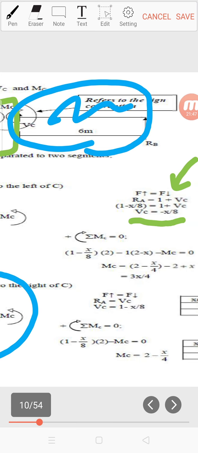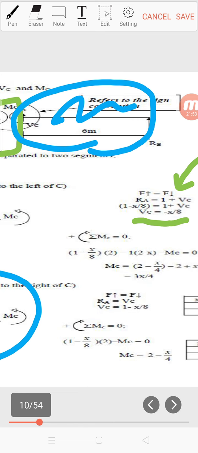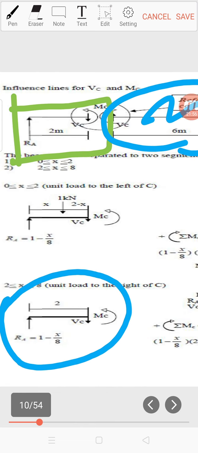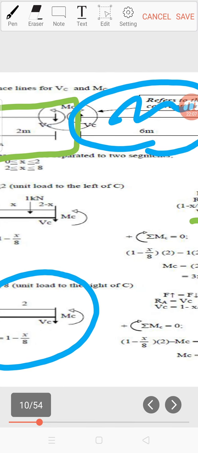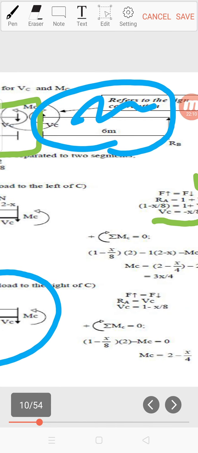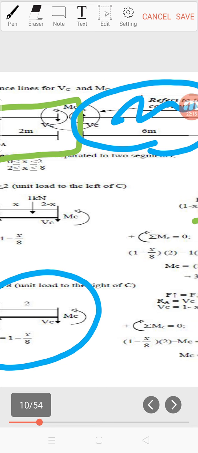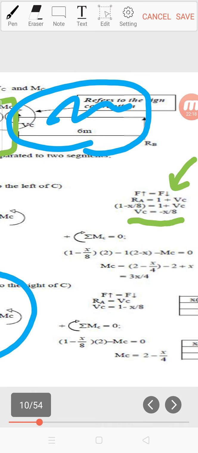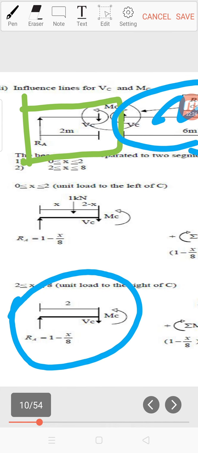Now we calculate the moment at C equal to 0. Looking at RA, we are going to have the clockwise moment. So RA times 2, the total distance is 2. 1 minus x over 8 times 2, and that is 1 moment clockwise.